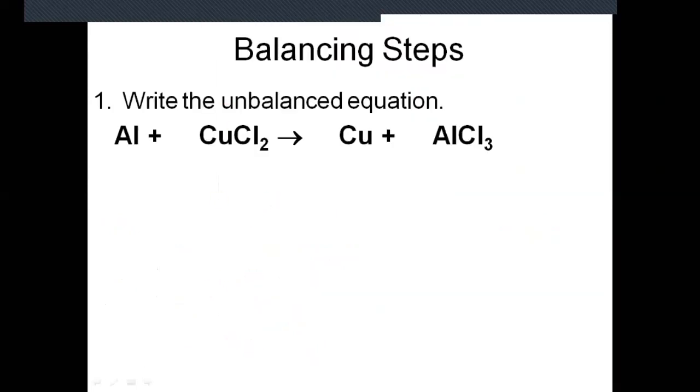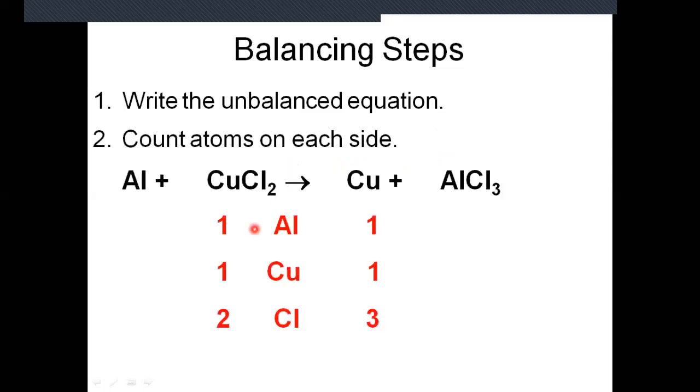Now we will apply these steps on this equation. Aluminium plus copper chloride goes to form copper plus aluminium chloride. First of all, write an unbalanced equation. Then count atoms on each side. It was the second step.